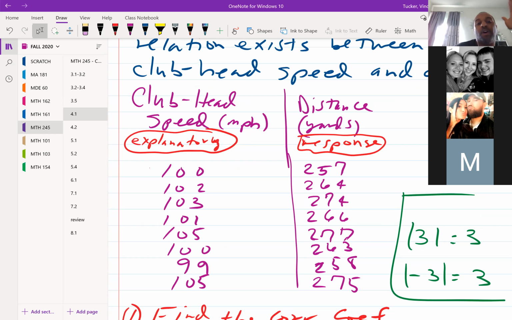In other words, how hard he swings the club, or how fast he swings the club, will explain or dictate how far the ball travels. All right, so that's the difference between your explanatory variable and your response variable. Your explanatory variable will be the one that actually dictates or explains why the response variable is occurring.